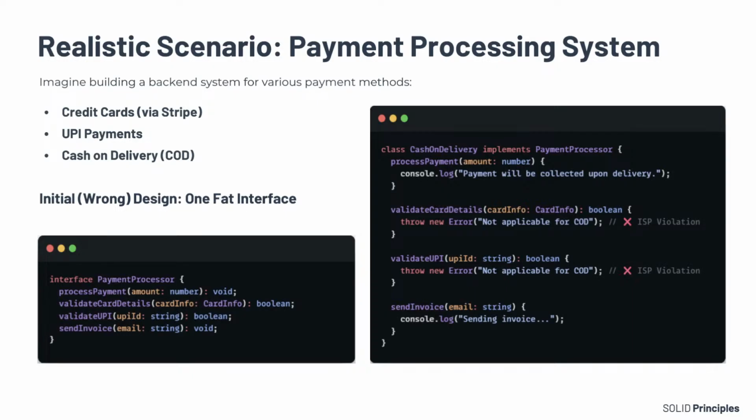So we will throw errors in validate card details and validate UPI, as you can see in the code, and we will only use the process payment and send invoice methods. Now this will create unnecessary weight in the classes, since we are supposed to write functions which are not even necessary. This will create bad code in the code base. Next slide, please.